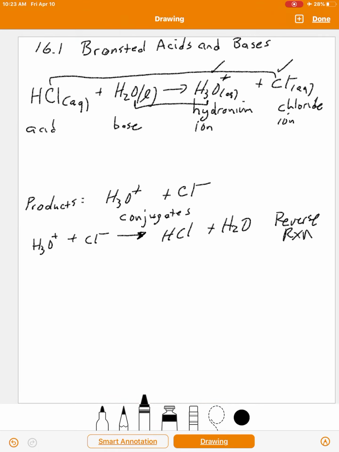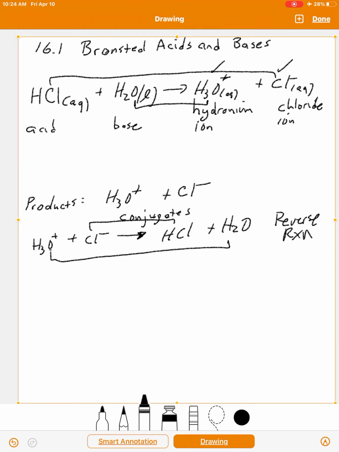Now, picture it exactly the same way. Pick the two that go together, that differ only by an H plus, and identify which one's the acid and which one's the base. Well, H3O plus has 3 hydrogens and a positive charge. H2O has 2 hydrogens and no positive charge.